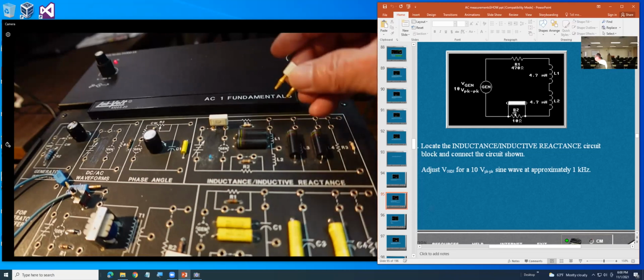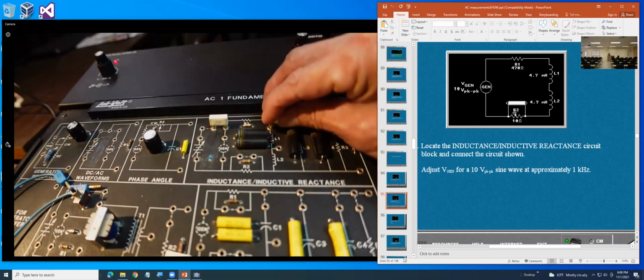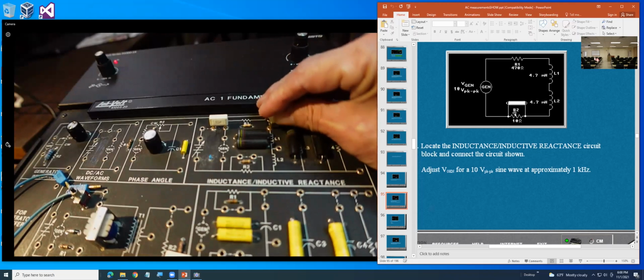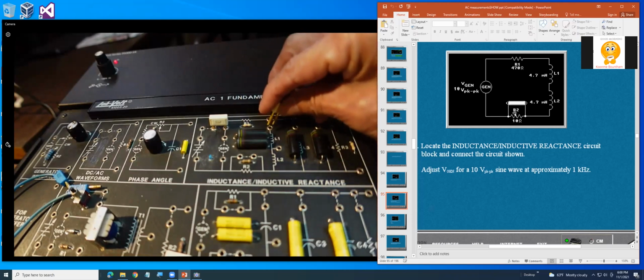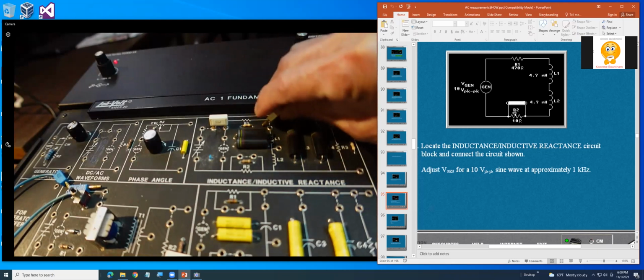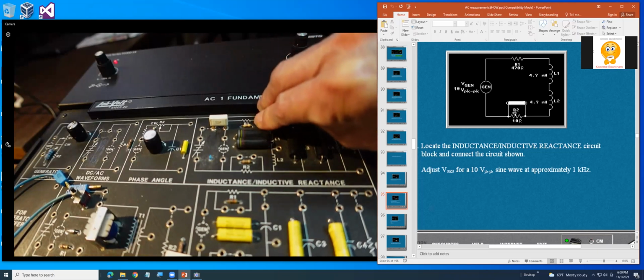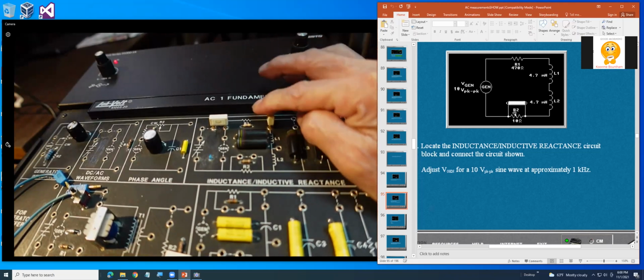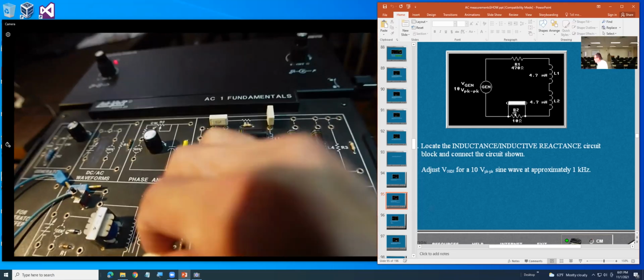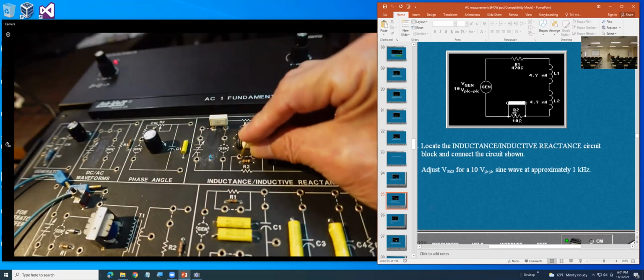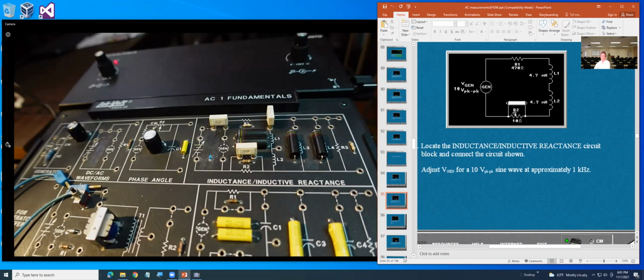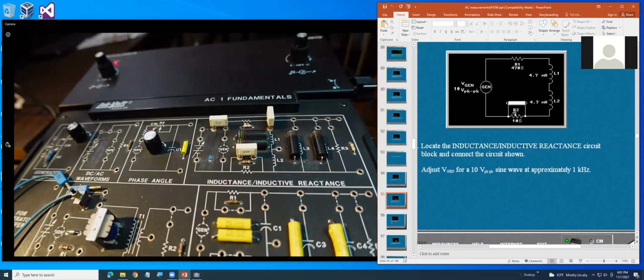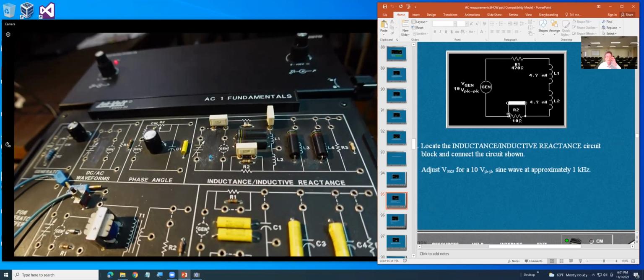So this means you have to connect another one here, and one more, connect here. Is that correct? Yep. Okay, that's how we make the connection.